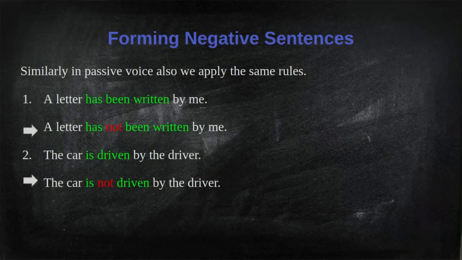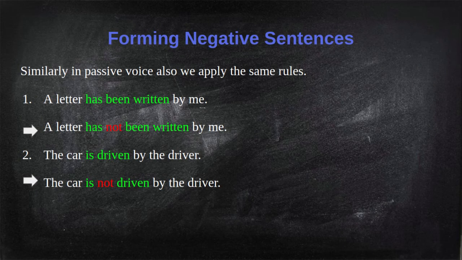Similarly, if we have to change an assertive passive voice sentence into a negative passive voice sentence, we follow the same rules. For example, here: a letter has been written by me. This sentence is in passive voice.